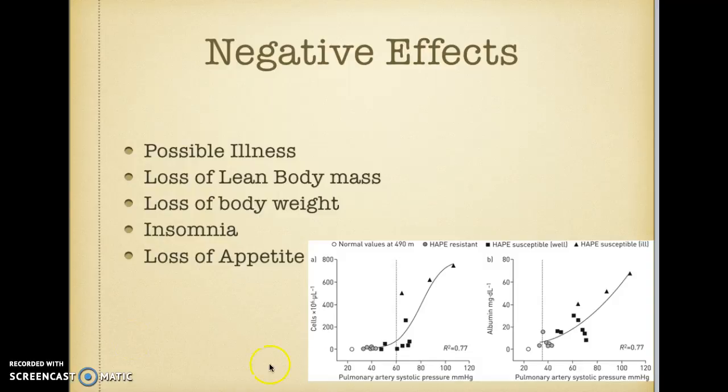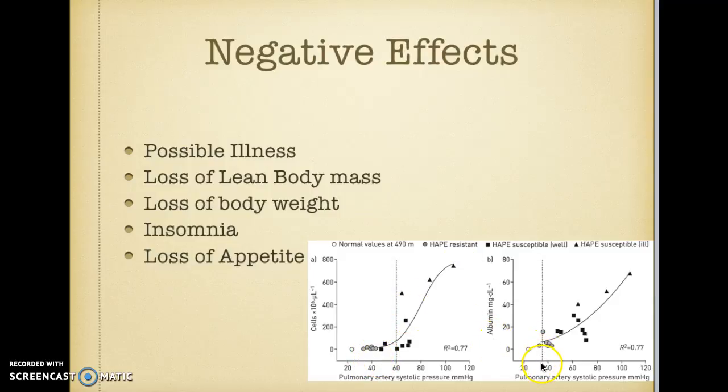As you can see, the chart up here is showing the blood cells and the systolic blood pressure. You can see how as the blood cells begin to get higher, the systolic pressure also begins to get higher, which can be very dangerous.